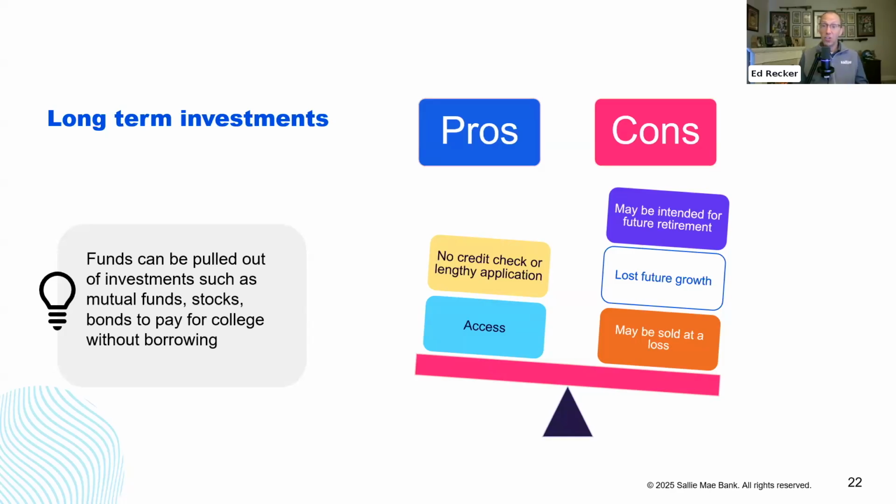If it's not in there, the money can't grow. So again, think of it at that point. And also it could be sold at a loss. So depending on what you bought it at and what you sell it at, you could actually be in the hole. You could actually suffer a loss even before you start on that. So keep that in mind. Again, I encourage you to talk to your investment banker, talk to a tax professional if you're considering these.